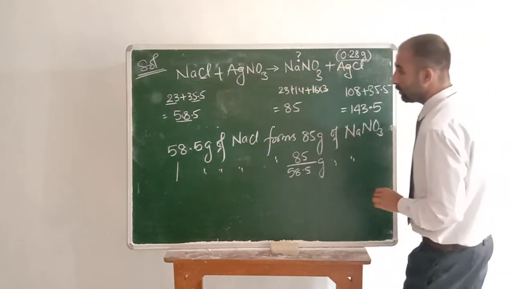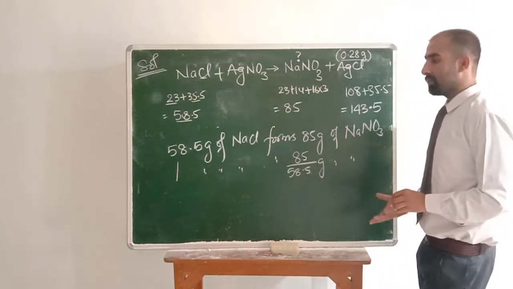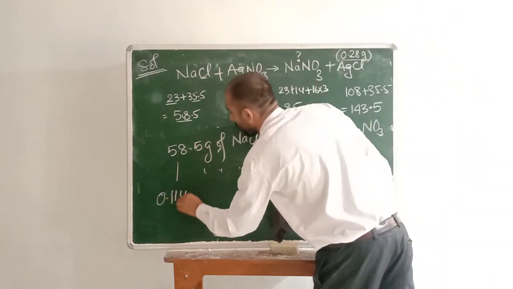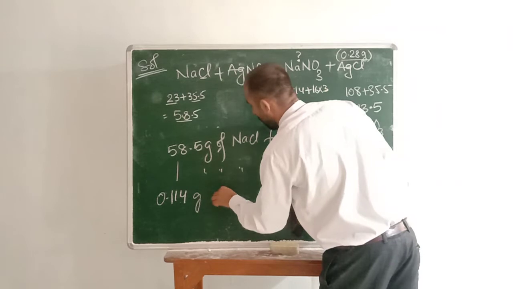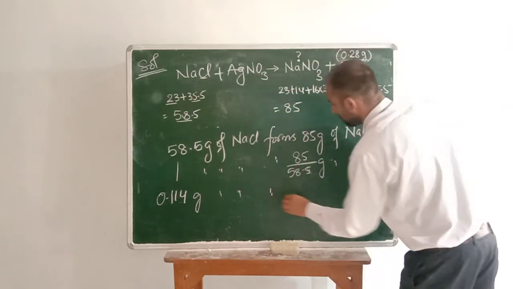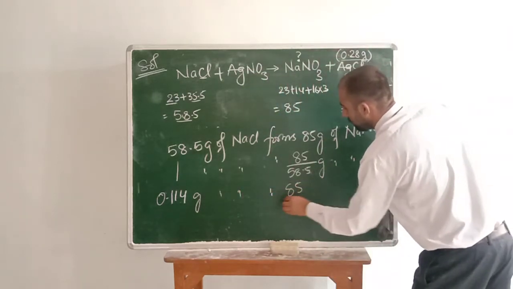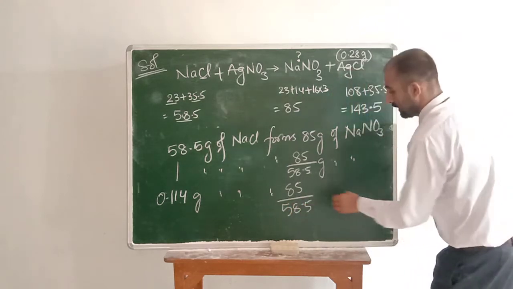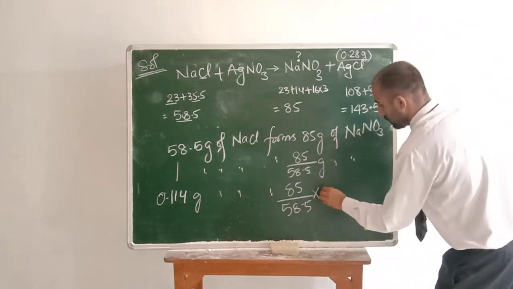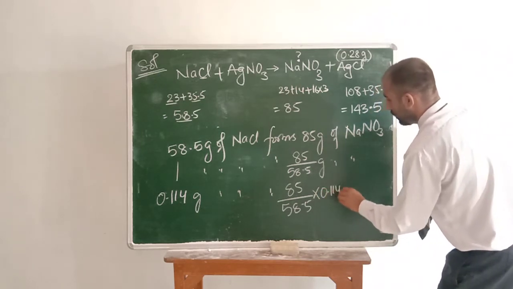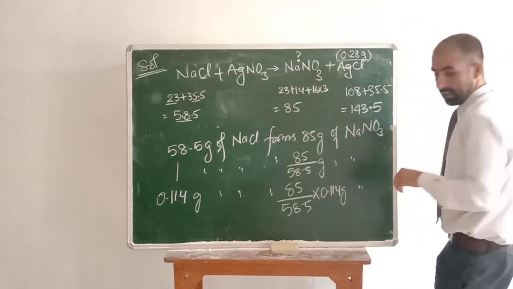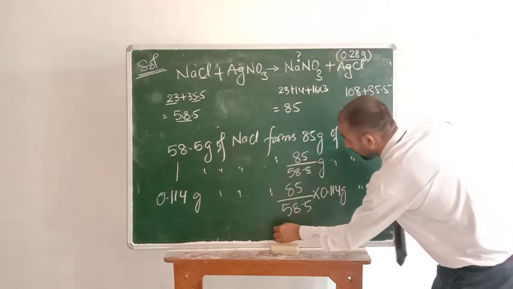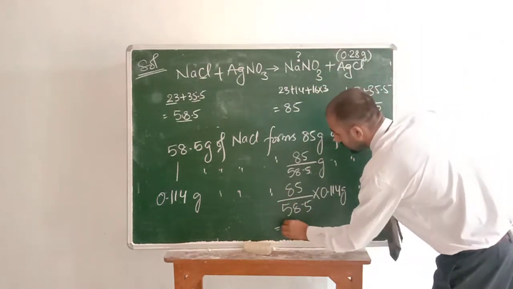Now what did we get as the answer in the first question? 0.114 gram of NaCl forms 85 divided by 58.5 into 0.114 gram of NaNO3.